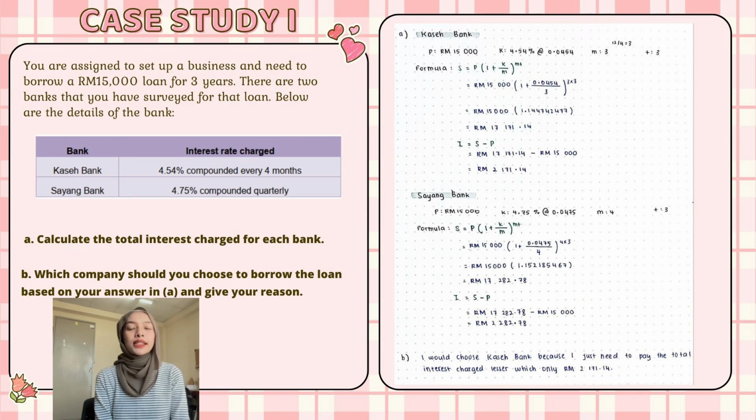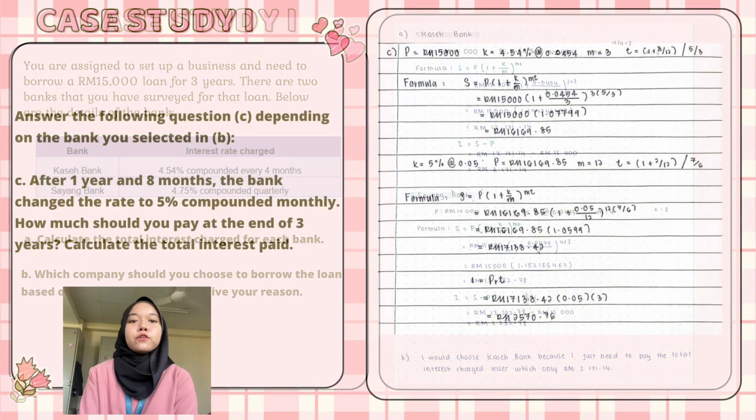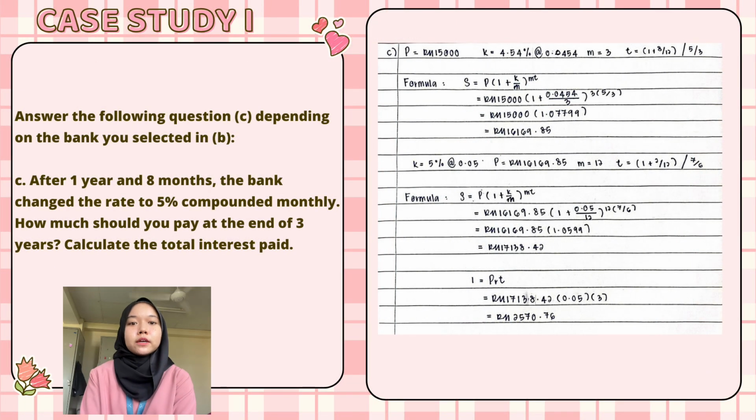So, the answer is 2,282 ringgit 78 cents. I would choose Kasih Bank because I just need to pay a lesser total interest charge, which is only 2,171 ringgit 14 cents.